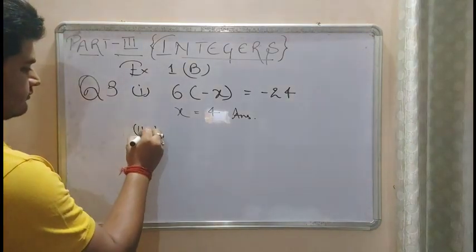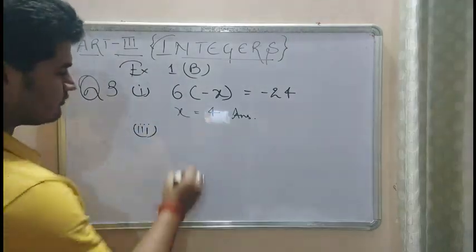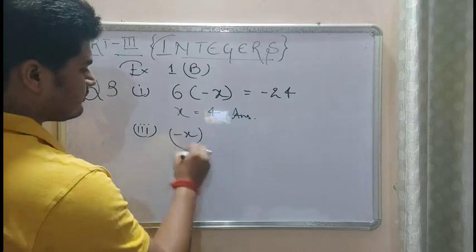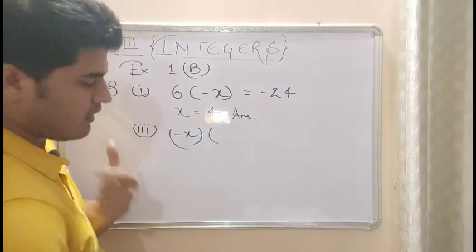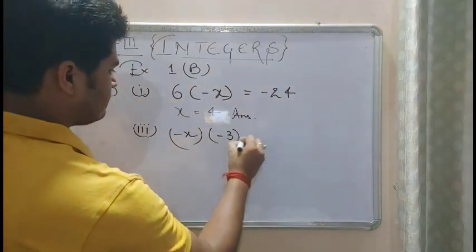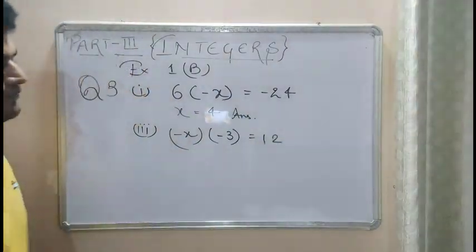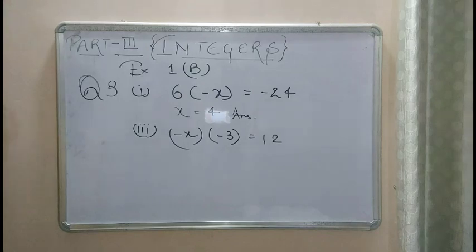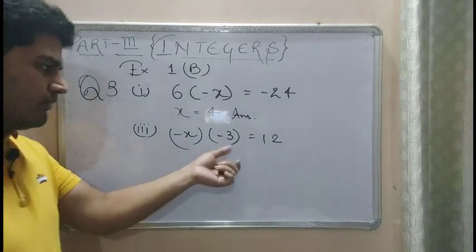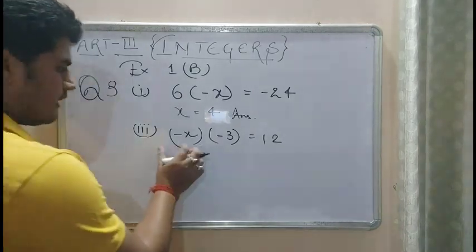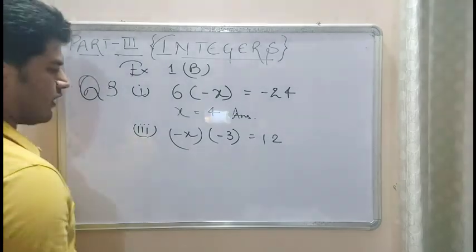Let us take the third one. Minus x and minus 3, and the product is 12. So what is that number which on multiplying with minus 3, the negative, gives us the positive 12?